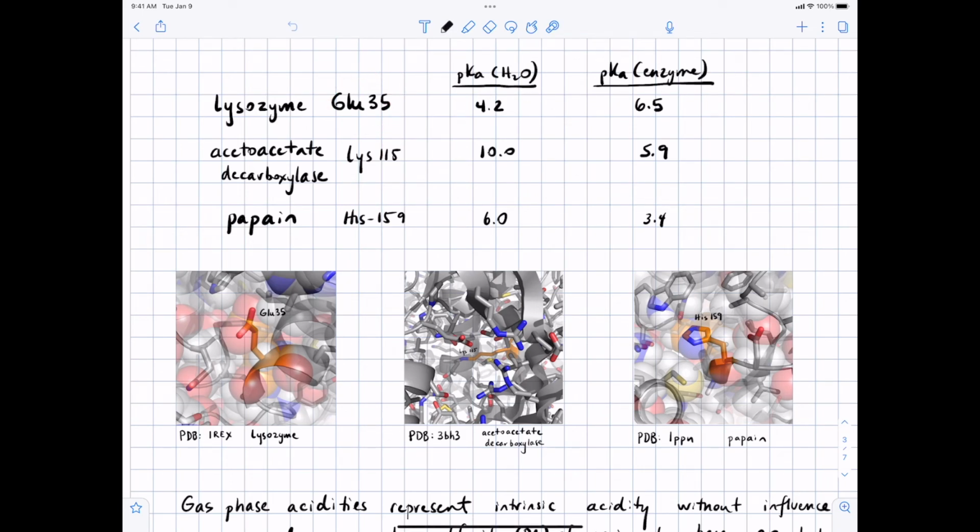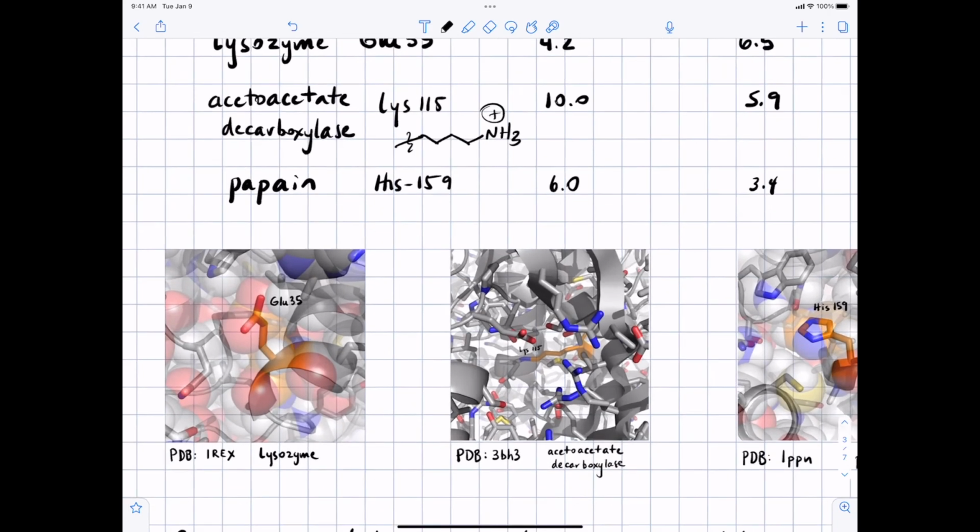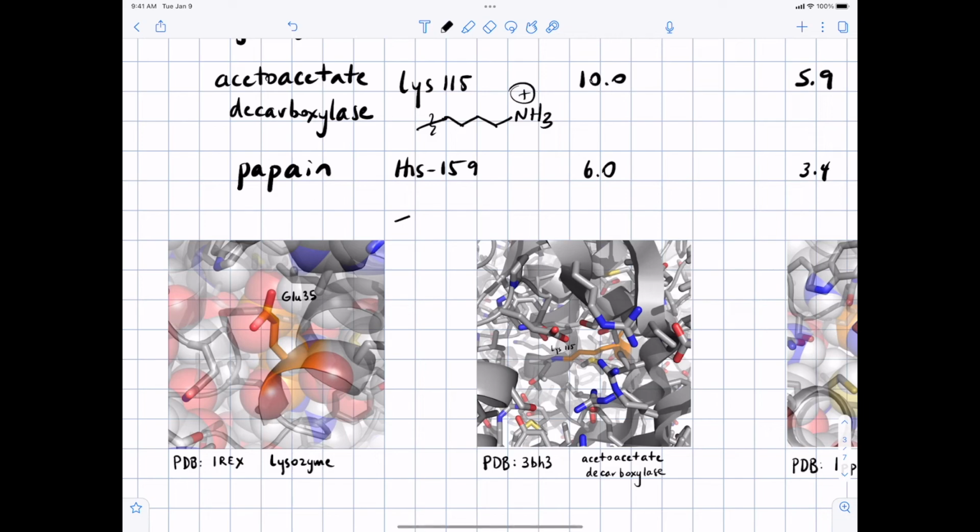Glutamate 35, this is a carboxylic acid. Lysine 115 in acetoacetate decarboxylase, this is an ammonium ion. And then histidine in papain is an imidazolium side chain.